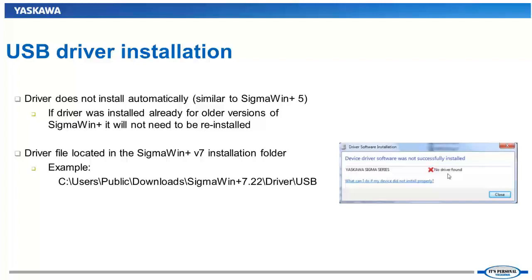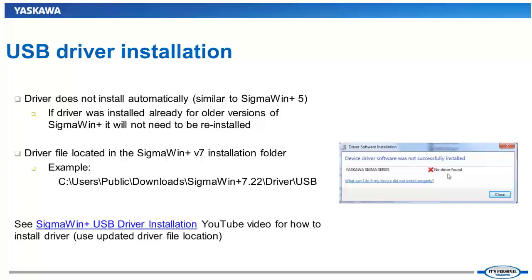It does not go into your program files x86 as within Sigma7 version 5. And then for the rest of the installation process, you can see our Sigma7 plus USB driver YouTube video. It will be exactly the same minus the change in folder location for that driver.